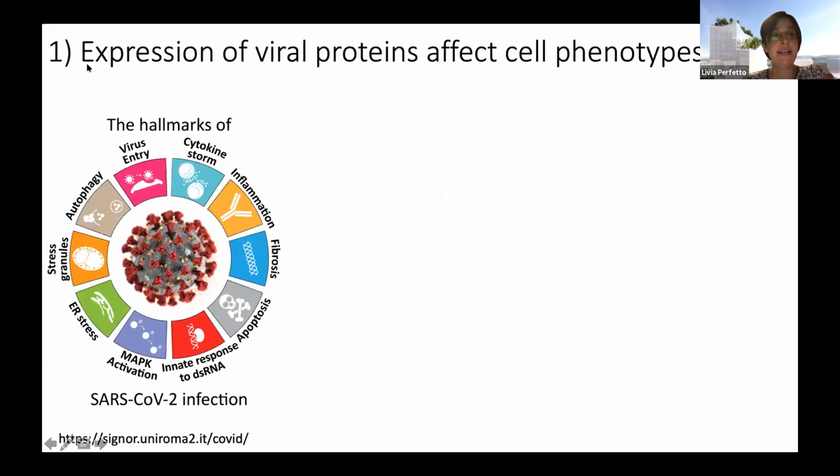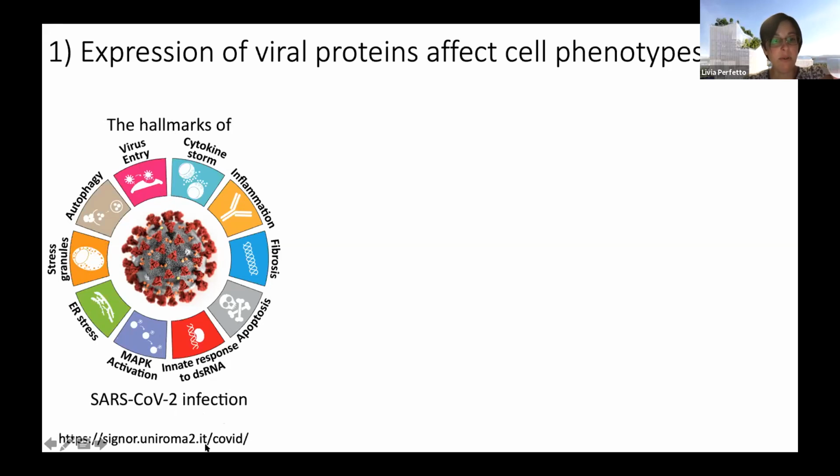So for the first task, we created a number of cellular pathways, inspired by the hallmarks of cancer, which we call the hallmarks of SARS-CoV-2 infection. We curated these 10 cellular pathways that are known to be affected by coronavirus infection.